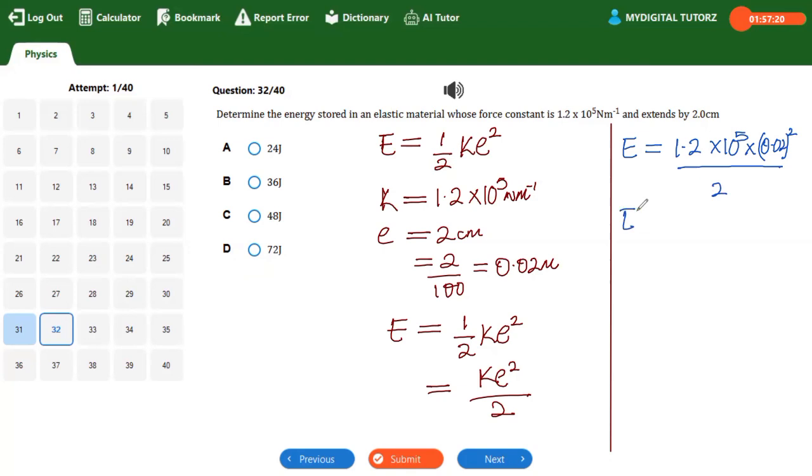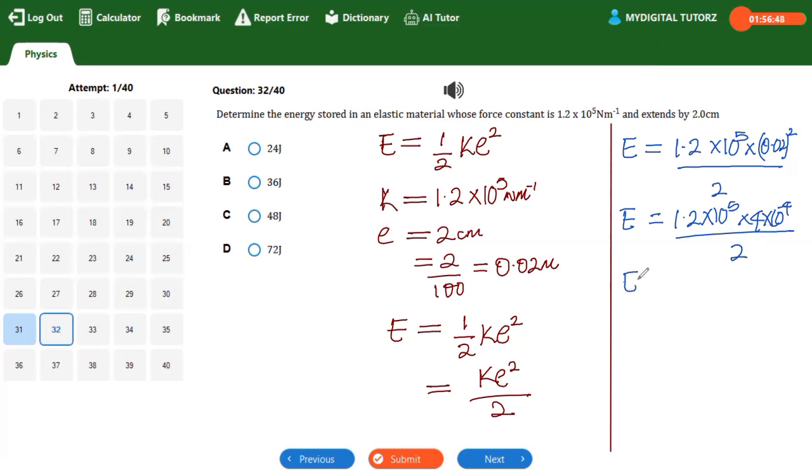So that I have my E equal to 1.2 times 10 to the power 5, then you multiply it by 0.02 squared, which gives us 4 times 10 to the power minus 4, all divided by 2.